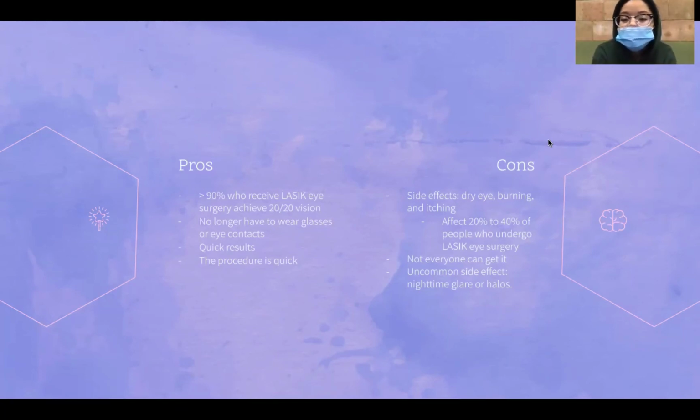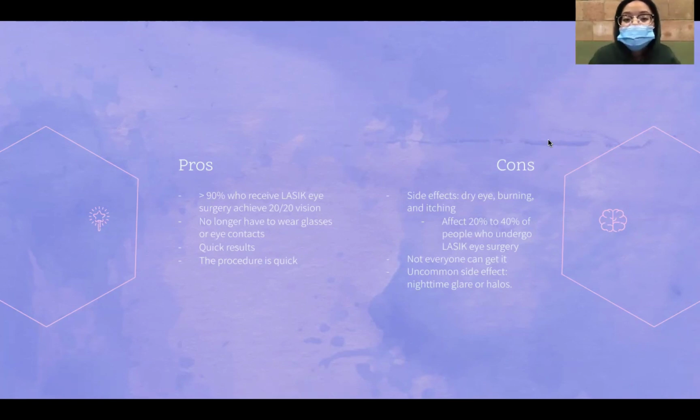But it is what it is. Not everyone can get it. Usually people older than 40 can't get it. It just causes a lot of complications, and that is a con. A pro, there are quick results because the cornea, like we talked about before, heals quickly.